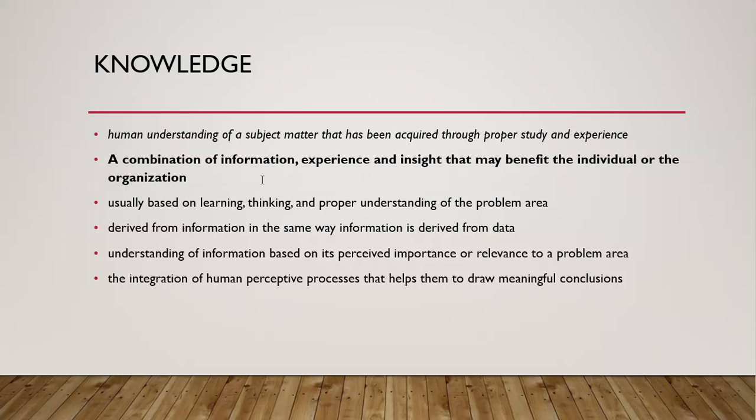So a combination of information, experience, and insight that may benefit the individual or the organization, usually based on learning, thinking, and proper understanding of the problem area, derived from information in the same way information is derived from data. It is understanding of information based on its perceived importance or relevance to a problem area, the integration of human perceptive processes that helps them to draw meaningful conclusions.